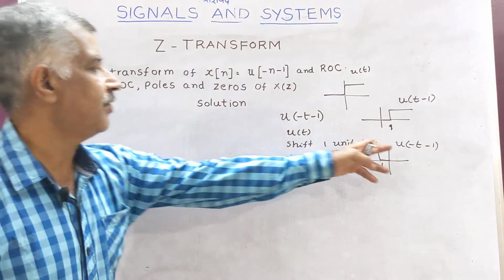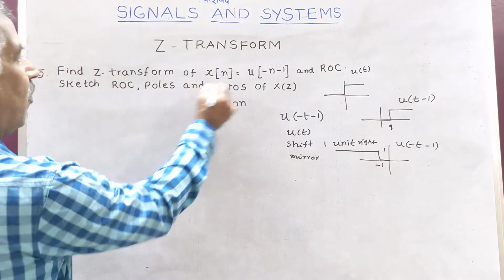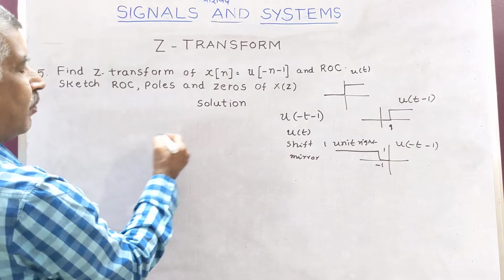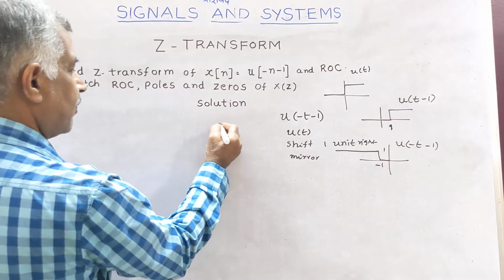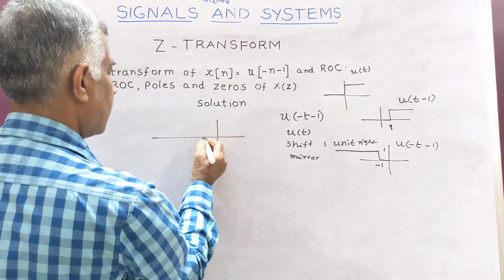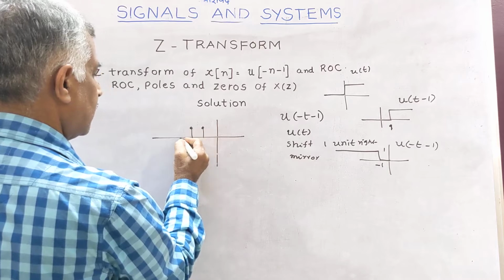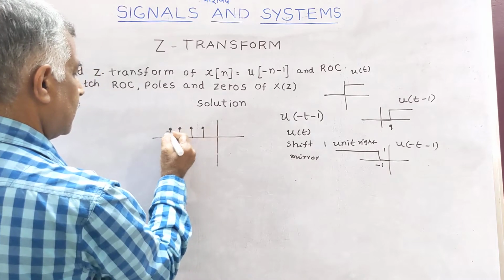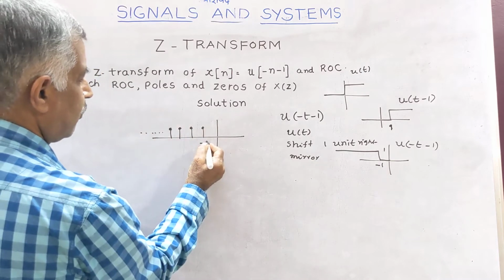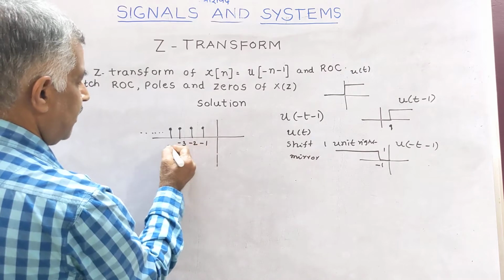Very much similar to this, we have u of minus n minus 1. It is like this: minus 1, minus 2, minus 3, etc.